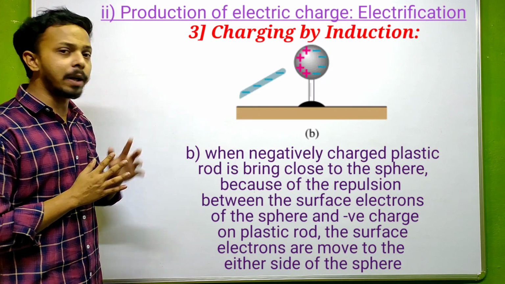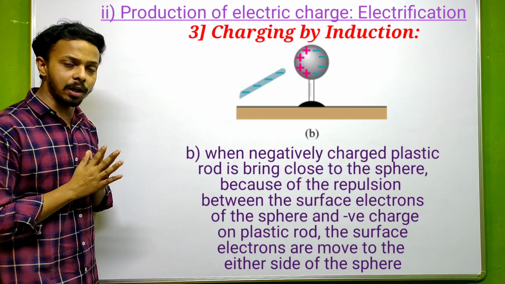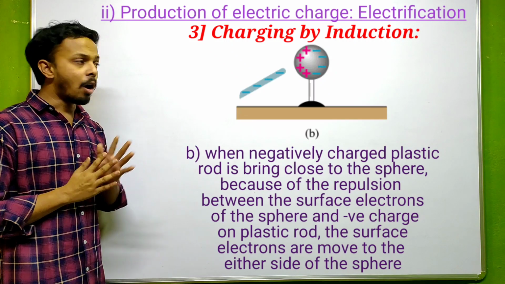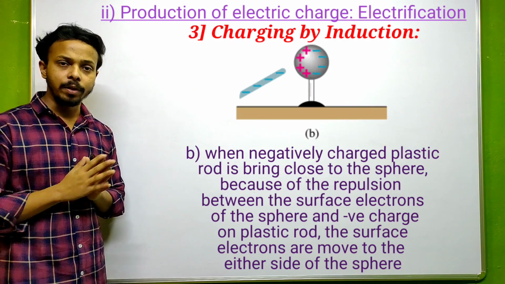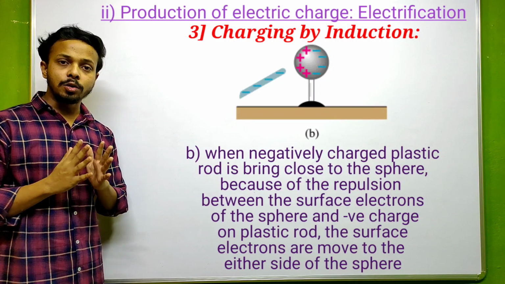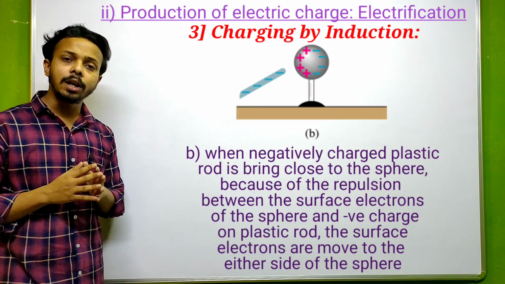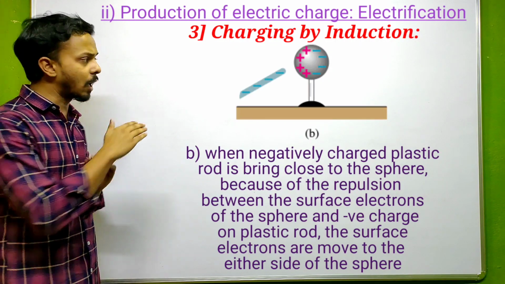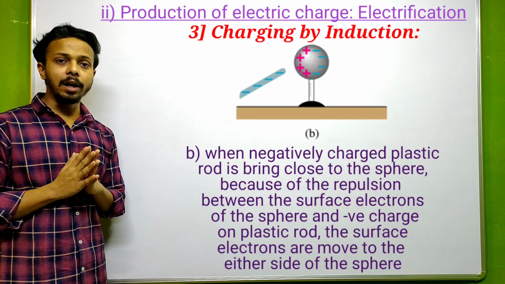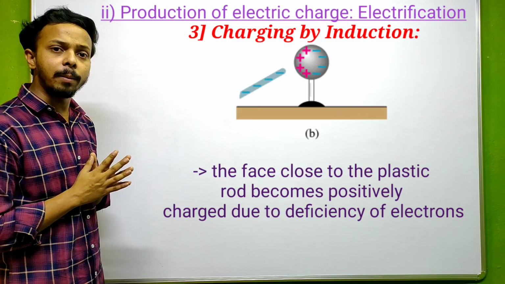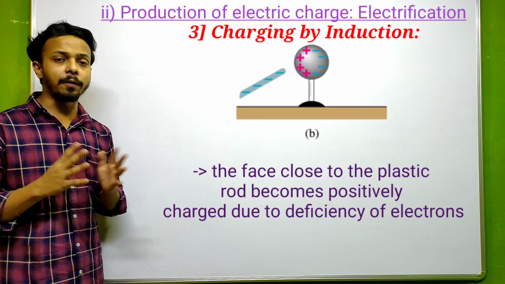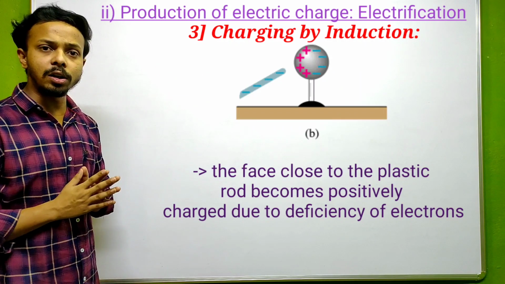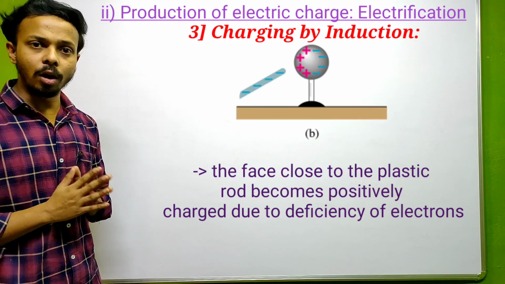Because of the mutual repulsion between the negatively charged plastic rod and the negatively charged electrons on the surface of the sphere, all the electrons move to the far side of the sphere, and the face which is close to the plastic rod becomes positively charged because of deficiency of electrons. Why? Because all the electrons have moved to that side, and here there is a vacancy of electrons, therefore that becomes a positive charge. You got this one?